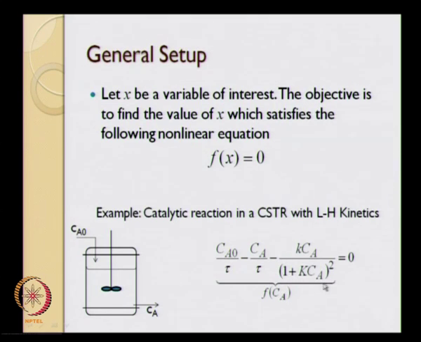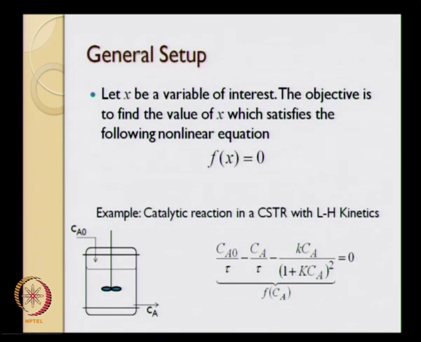If it follows Langmuir-Hinshelwood kinetics of a particular kind, we have the rate expression in terms of k Ca divided by (1 plus capital K Ca) the whole squared. This is a nonlinear expression, and because of this nonlinearity, the overall function f of the concentration Ca becomes nonlinear.